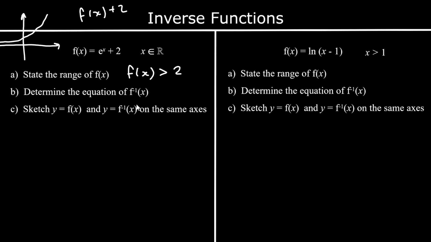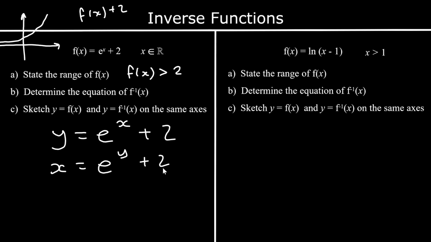What's the equation of the inverse function? So if the original is y equals e to the power of x plus 2, in the inverse, the y becomes the x and the x becomes the y. Rearrange it to get y by itself.